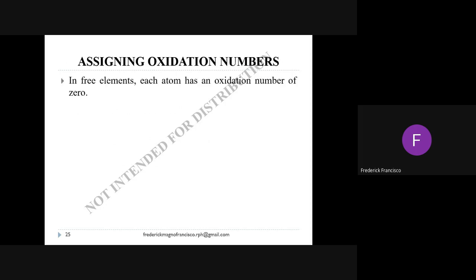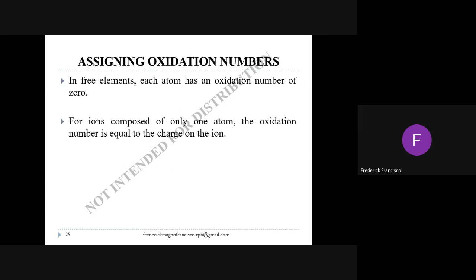In free elements, that is, in the uncombined state, each atom has an oxidation number of zero. Thus, each atom in hydrogen molecule, bromine molecule, sodium metal, beryllium metal, potassium metal, oxygen molecule, and phosphorus molecule has the same oxidation number, zero.